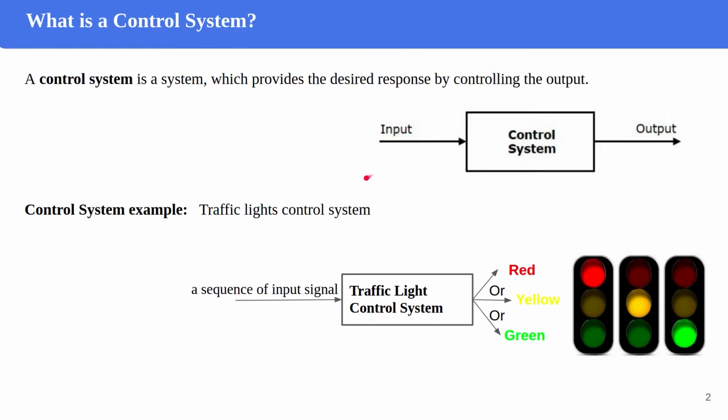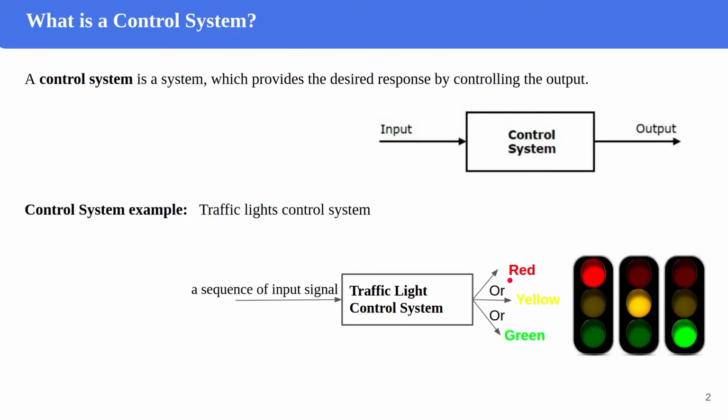Okay, we have a lot of control systems in our daily life. One of them could be the traffic lights control system. As you see here, a sequence of input signals is applied to this control system, and the output is one of the three lights that will be on for some duration of time.